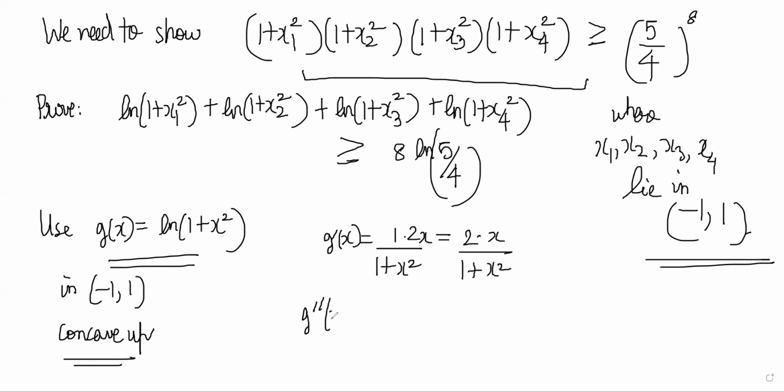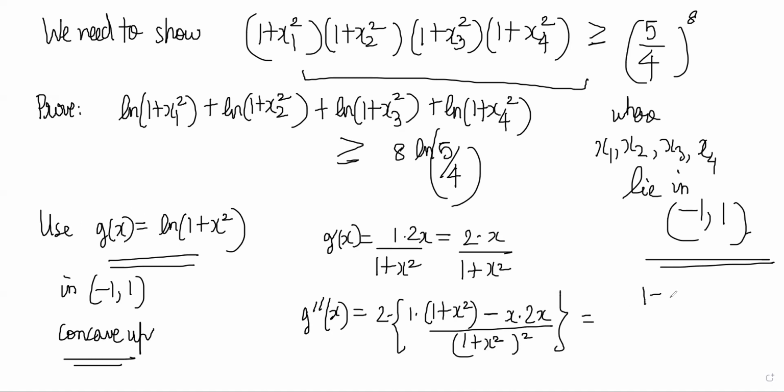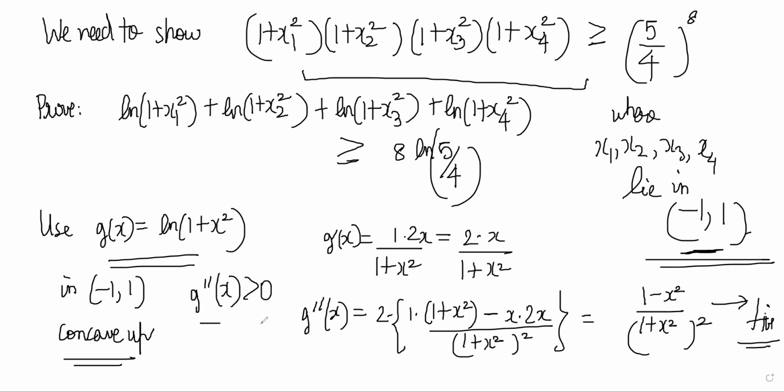And if you take g double dash x, you get twice of the derivative of x, which is 1, so 1 into (1 plus x squared) minus x into 2x, divided by (1 plus x squared) whole square. So this becomes simply 2 times (1 minus x squared) by (1 plus x squared) whole square. Since x lies between -1 to 1, 1 minus x squared is positive and the denominator is positive. So g double dash x is greater than 0. So it's a concave up type of curve.